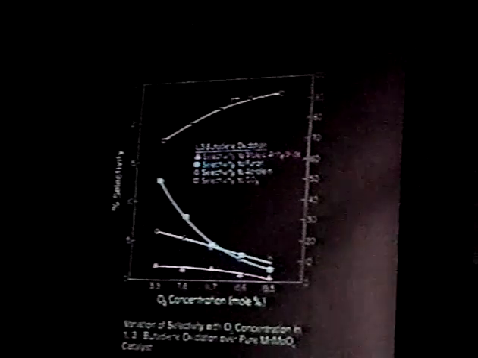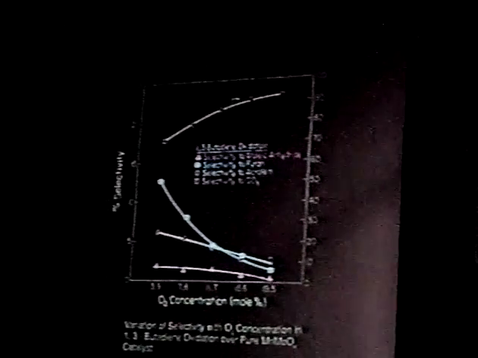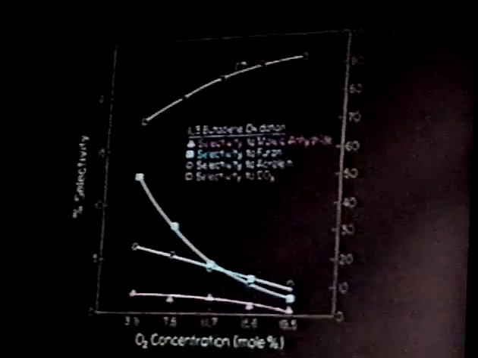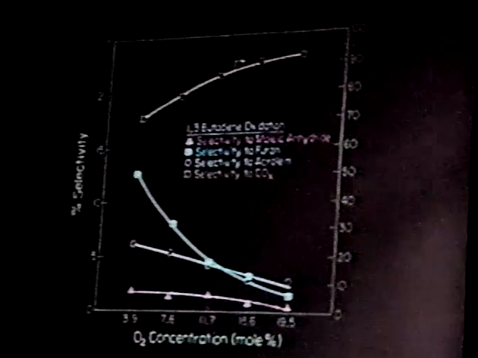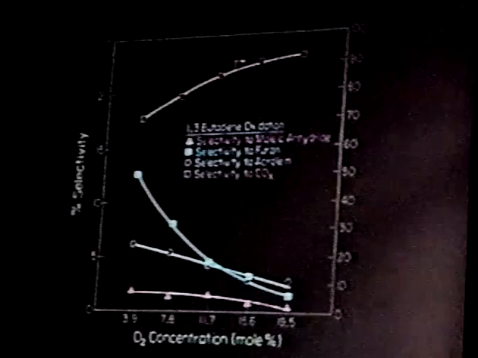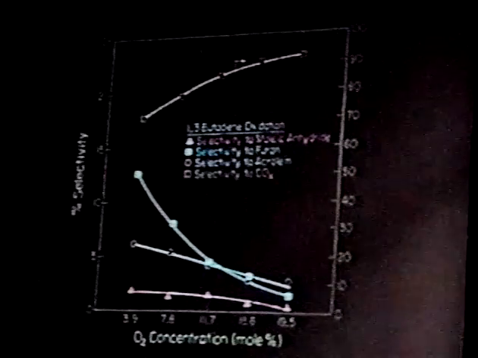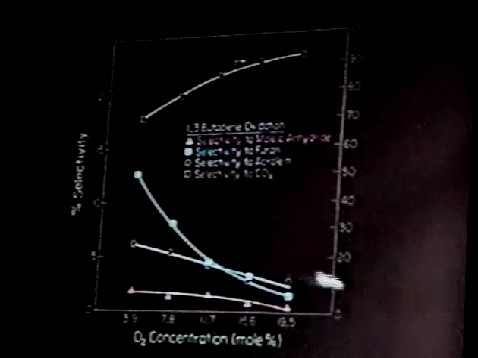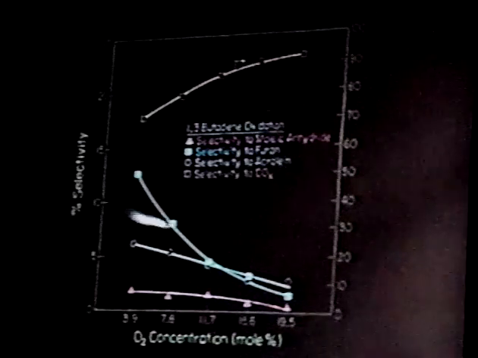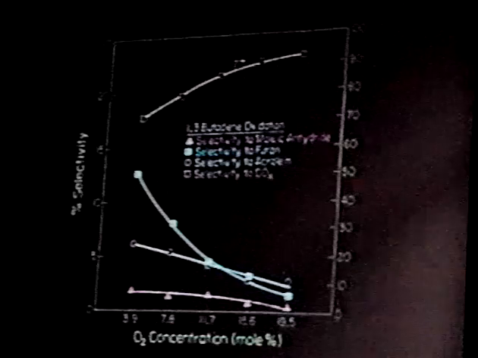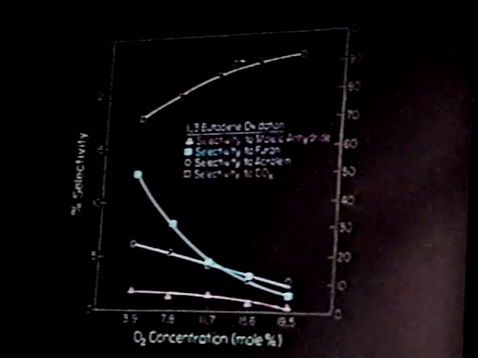When we use 1,3-butadiene, which is the reaction intermediate, as feed material, the selectivity to carbon dioxide gets very, very high. It becomes the dominating reaction product. Another interesting feature that we see here is the selectivity to furan increasing very rapidly with increasing oxygen concentration, suggesting possibly two things.